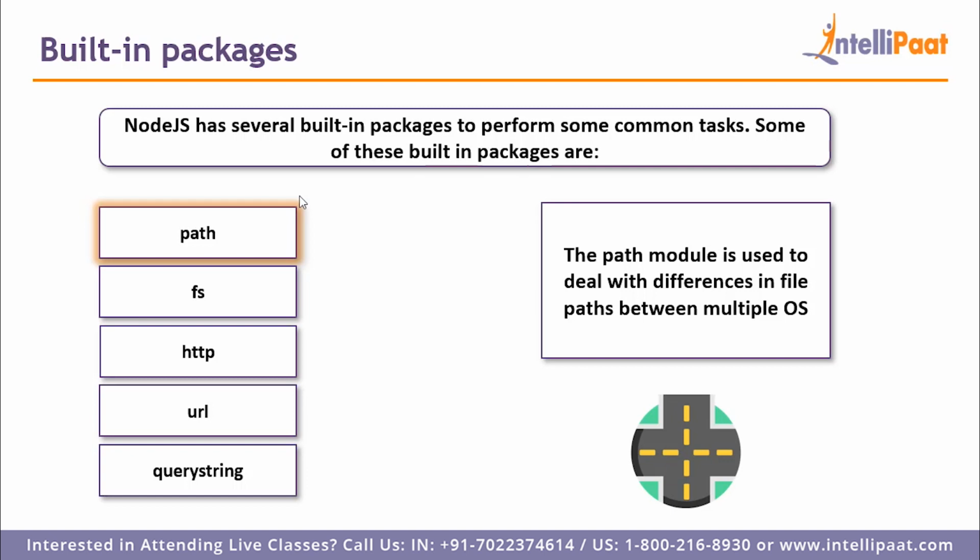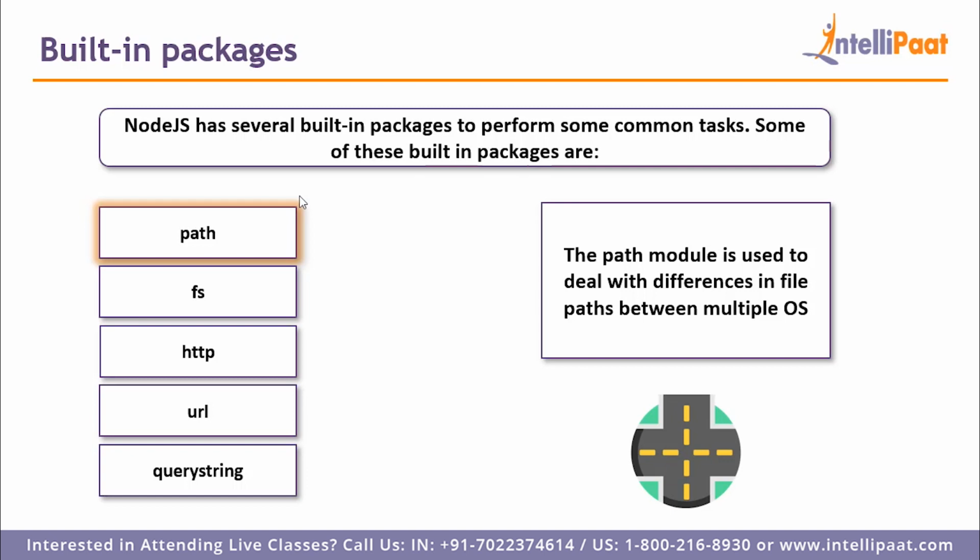The first package or module is the path module. When you're working with an application, if that application is going to be used on multiple operating systems, one of the most important things that you need to do is work with the path. When you're working with Mac OS or Linux, the path will be one way, and when you're using an application on the Windows operating system, the path would be another way.